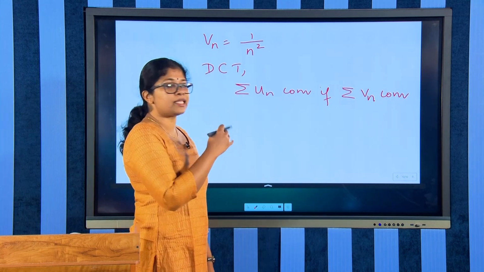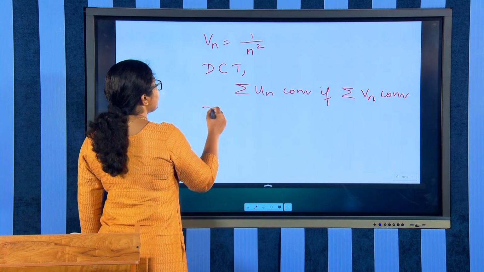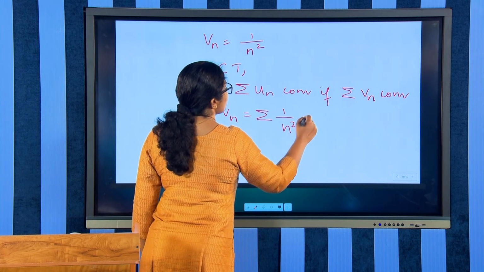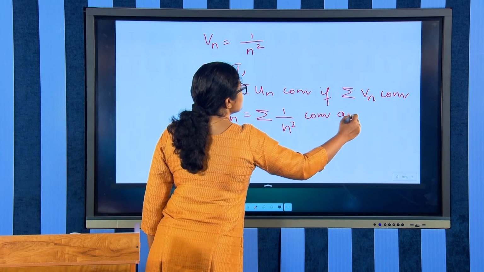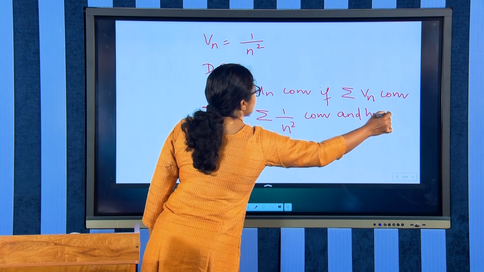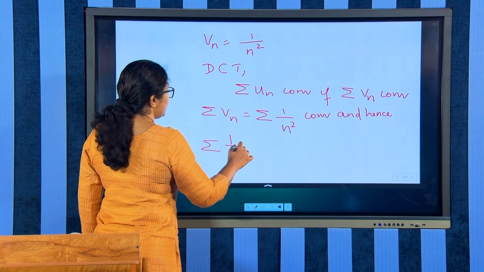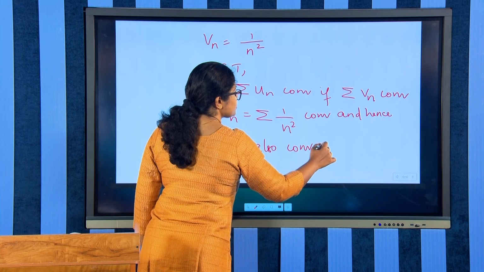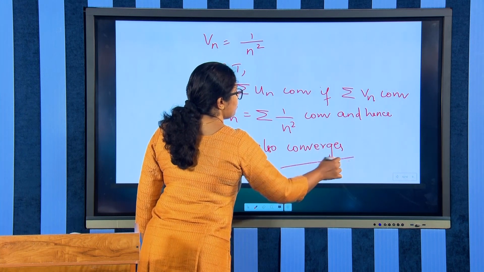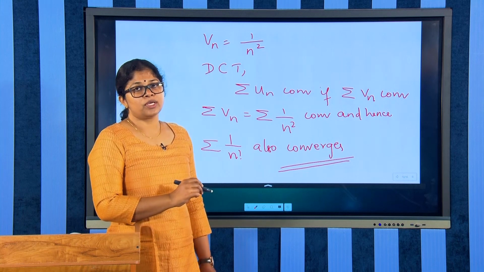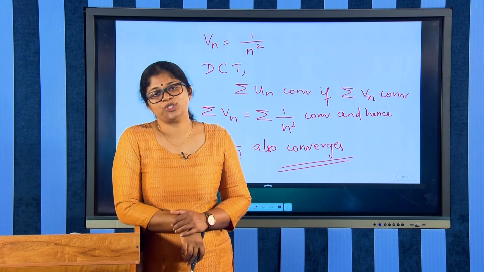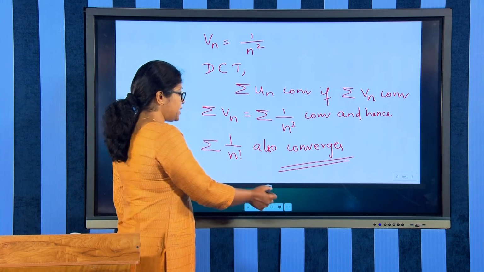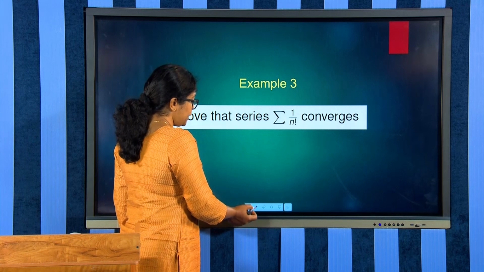If the larger series converges, then the smaller series also converges, and here summation Vn equal to summation 1 upon n square converges, and hence the given series summation 1 upon n factorial also converges by direct comparison test. So, that completes the proof of the third problem.